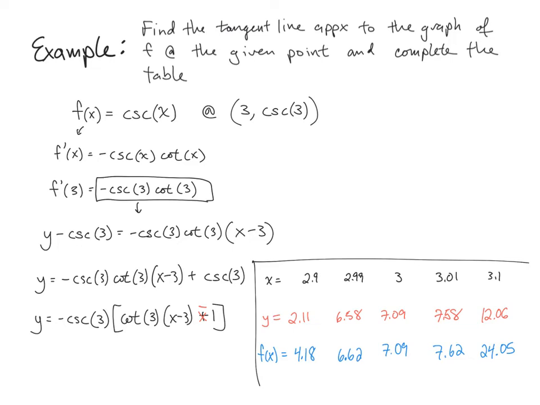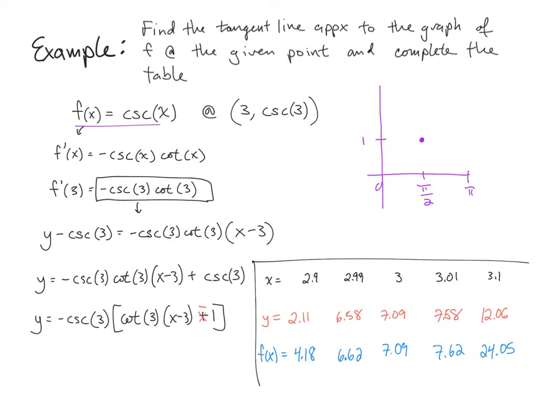And another thing I want to state is that we can't go past 3.142 here, because the original function, if we took a look at the graph of this cosecant, would look something like this. At pi over 2, we would have a point there, pi over 2 comma 1.